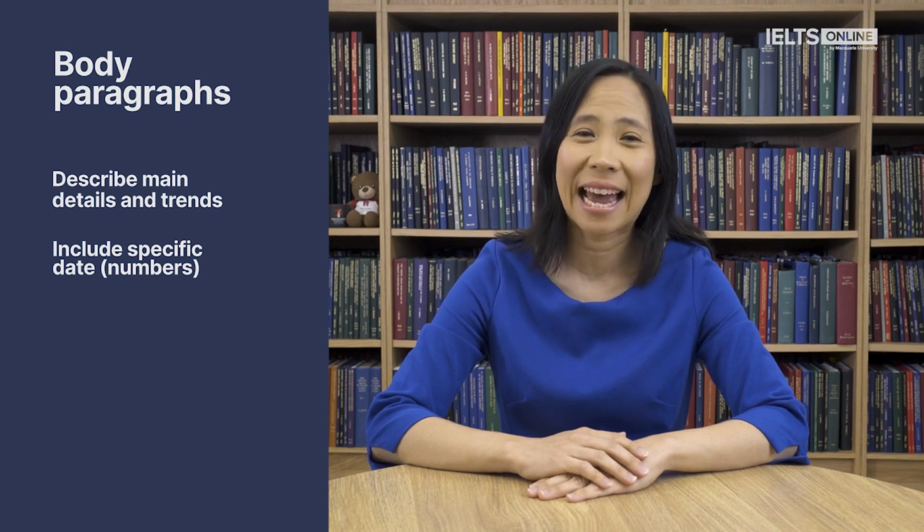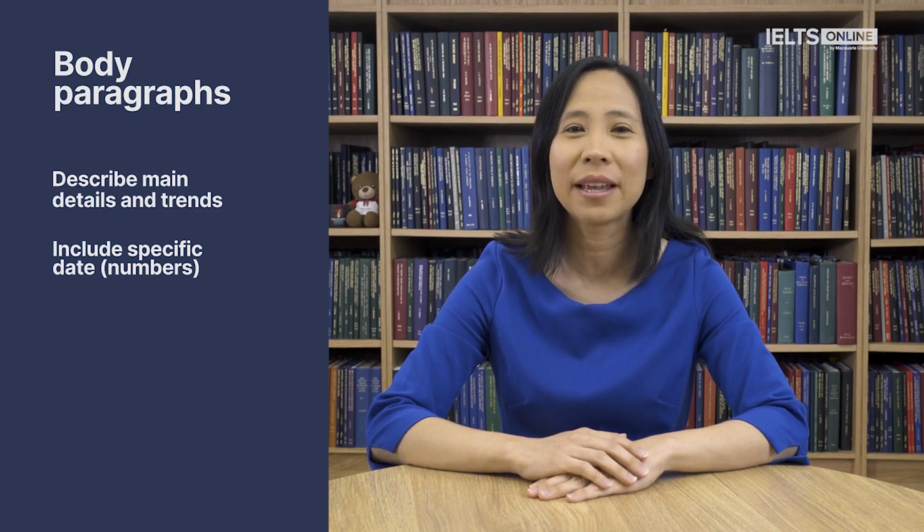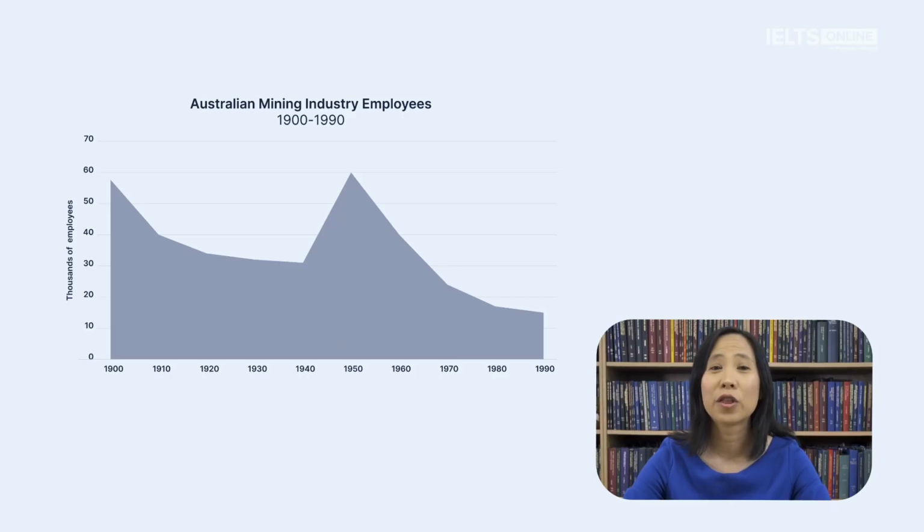Let's look at an example of how this is done in the body paragraphs. For this, we will again be looking at the line graph on Australian mining industry employees. When writing about this graph, or any graph or visual in Task 1, it is important that you do not simply list all the detail.